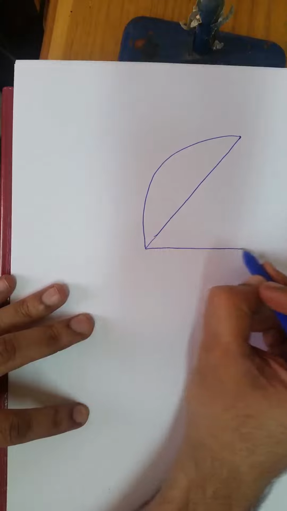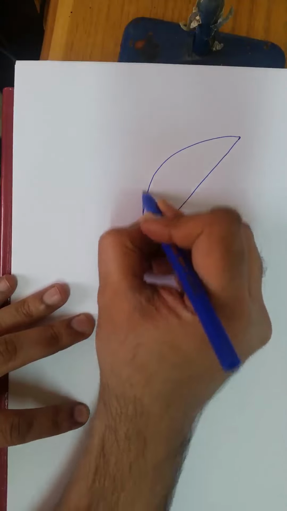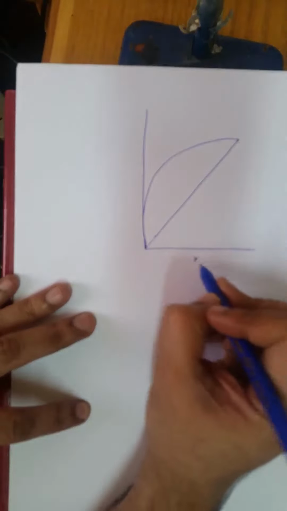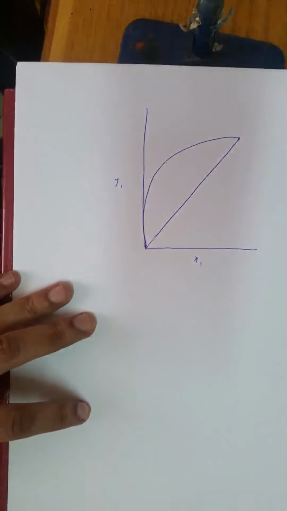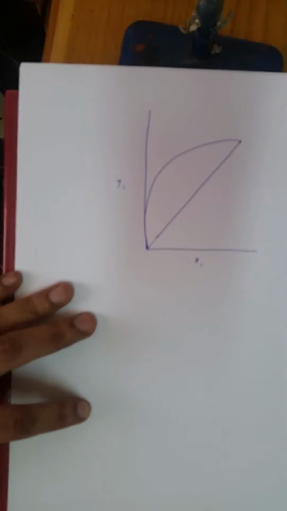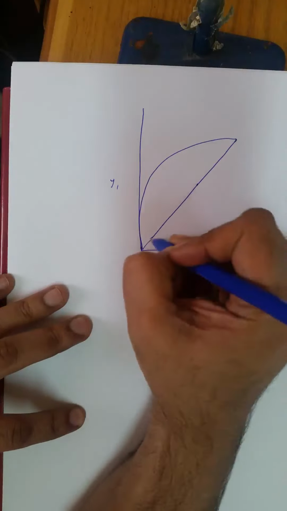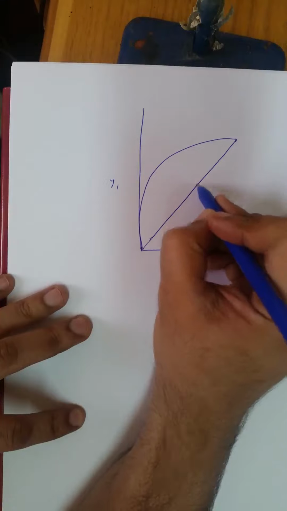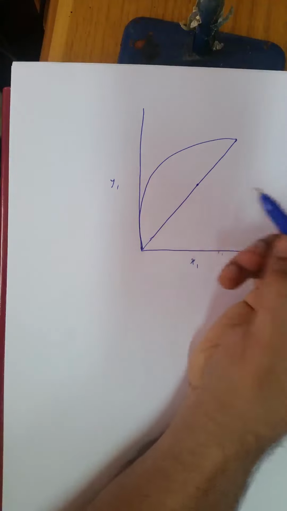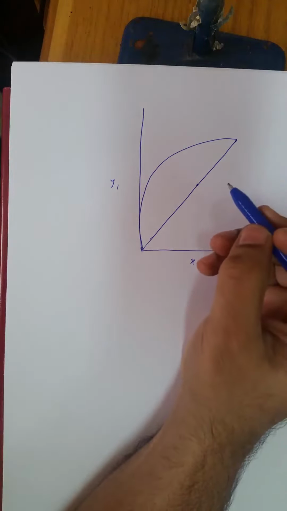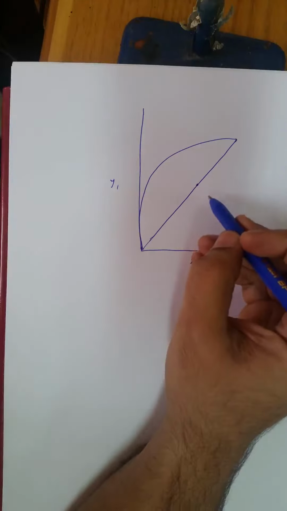This is a very important diagram, x1 and y1. I told you the quality will be in the middle. It depends on, let's say you have 50% methanol in water.